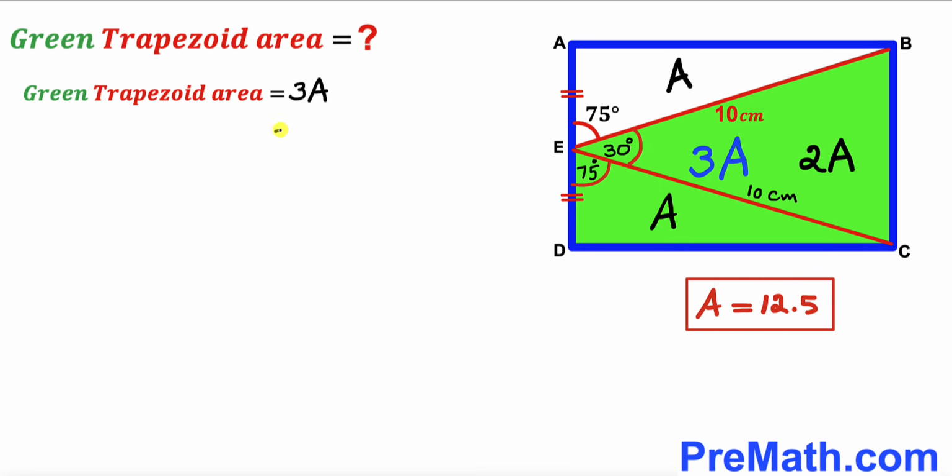So let's go ahead and fill in the blanks. We got 3 times 12.5, which is going to give us 37.5 centimeters squared, the area of this green shaded trapezoid BCDE.